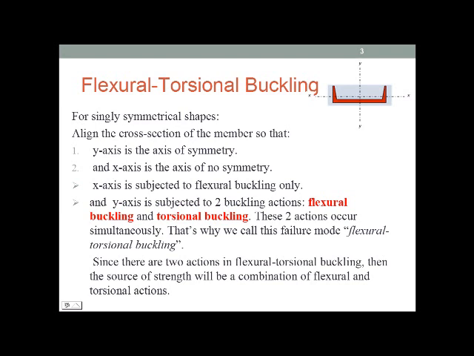These two actions occur simultaneously. That's why we call this failure mode flexural-torsional buckling. Since there are two actions in flexural-torsional buckling, the source of strength will be a combination of flexural and torsional actions.